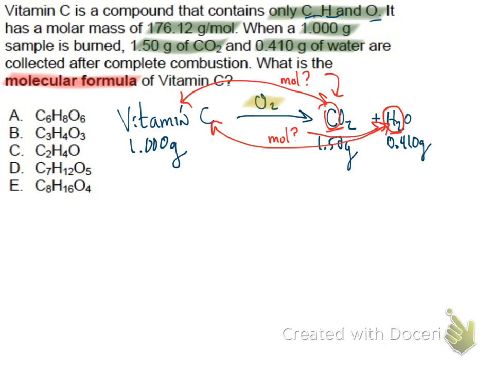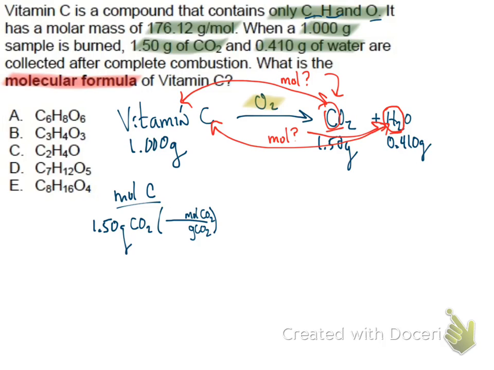So let's do that. Let's think about moles of carbon. Well, right now we know that we have 1.50 grams of CO2. If we want to work in moles, the first thing to do is to convert to moles. So we have to somehow get rid of grams of CO2 and move into moles of CO2.